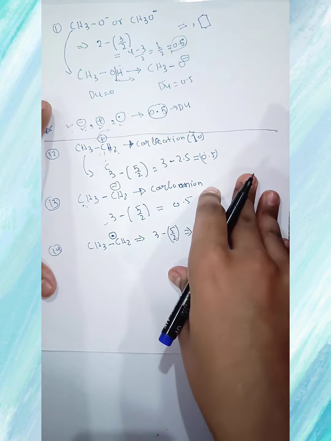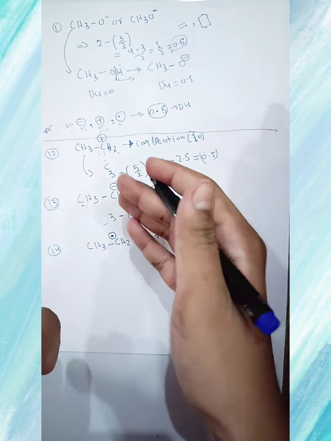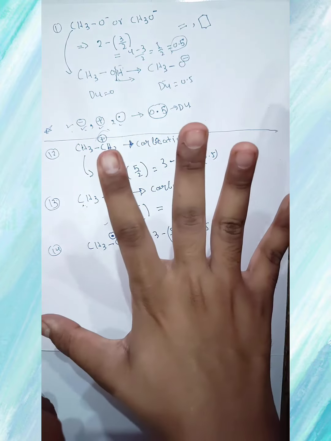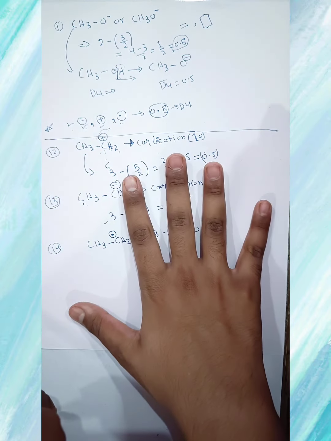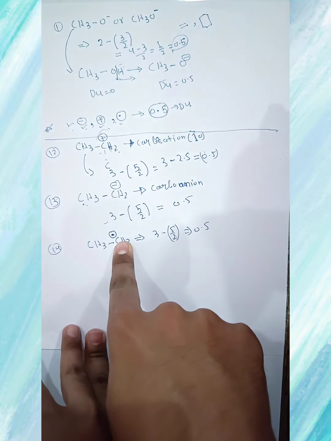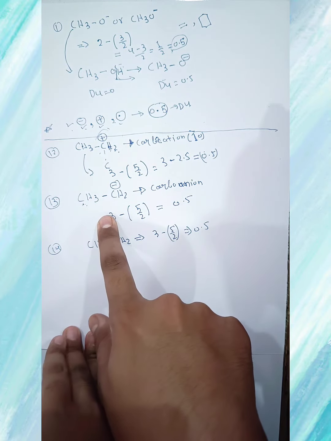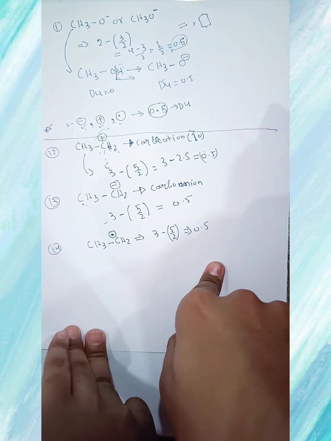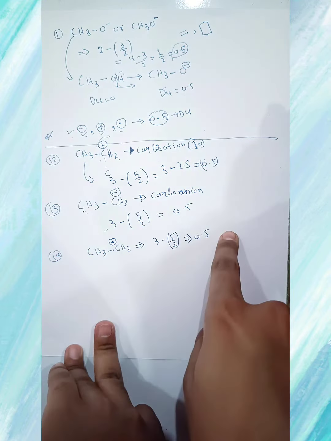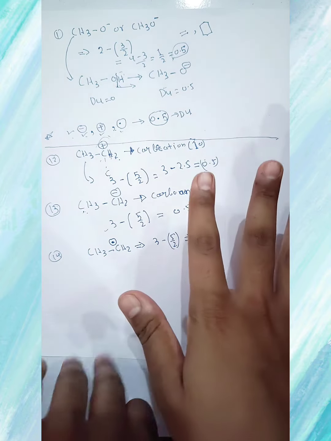This DU is not depending on charges, but on the number of hydrogens and carbons only, because you can see in all three formulas the number of hydrogens and carbons is the same, so DU comes out to be 0.5. If you see these charges, you will write 0.5 as the DU.